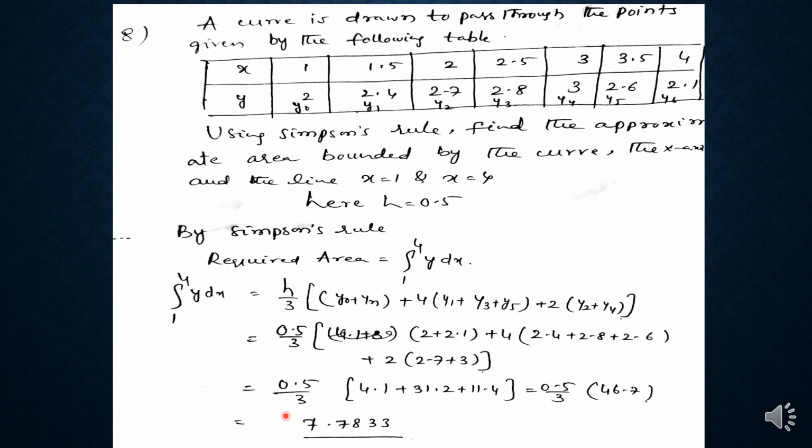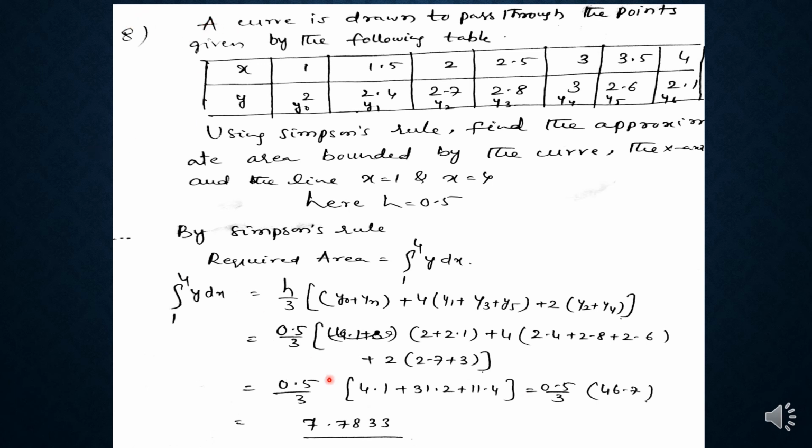So that is equal to 0.5 by 3 into 2 plus 2.1, that is 4.1, plus 4 into, by adding these three terms, into 4, that becomes 31.2, plus 11.4. So that can be written as 0.5 by 3 into 46 by 7, then we will get 7.7833.